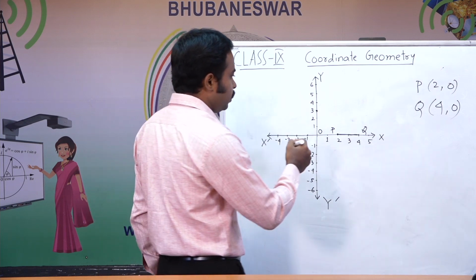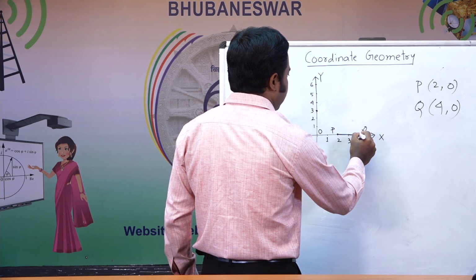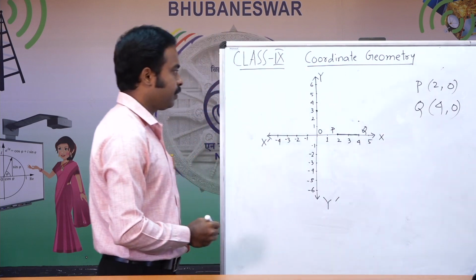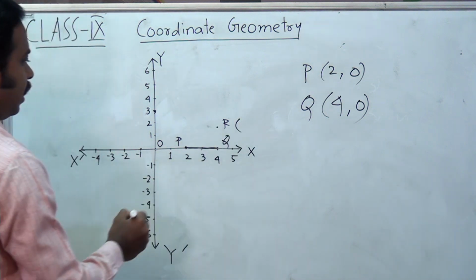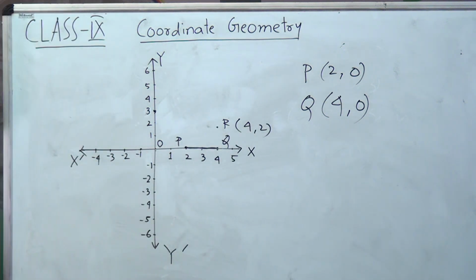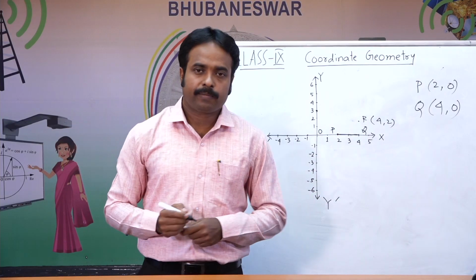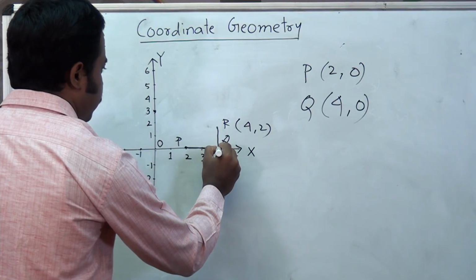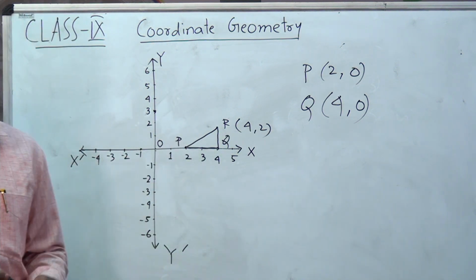So first option, we may take R as this point. The coordinates of R are 4, 2. If you take R as this point, then you can easily see that if we complete this diagram, then we are getting a right triangle.